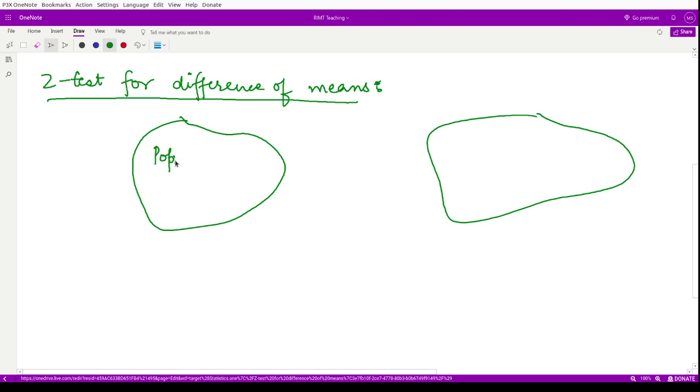We say this is population 1, this is population 2. What are the parameters corresponding to population 1? We have n1 as the number of elements here, if it is finite. Then we have mu1 representing the mean of this population, and sigma 1 representing the standard deviation of this population. Similarly, we have n2, mu2 and sigma 2 here representing the number of elements, mean and standard deviation for this population.